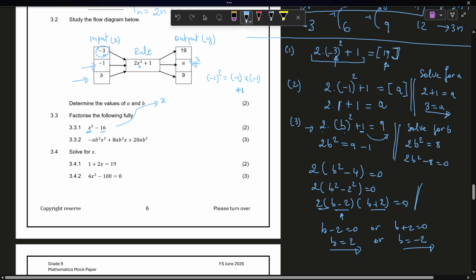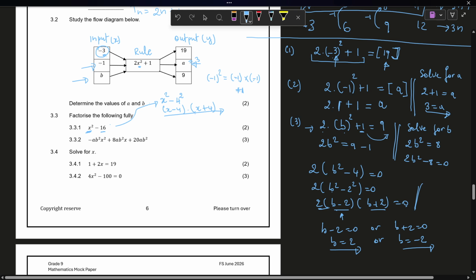Well, x squared is already explicitly written as a square, but minus 16 can be written as minus 4 squared. Once I can express them as squares, it becomes easier. It means I've got the conjugate factors. So the answer will be x minus 4 factor of x plus 4. So this is the answer.